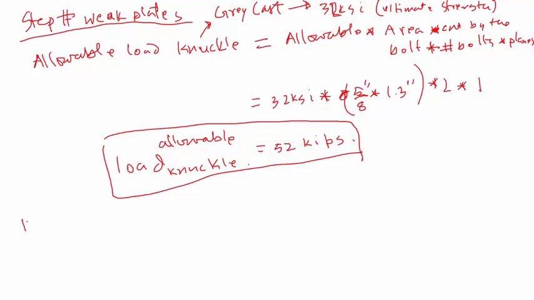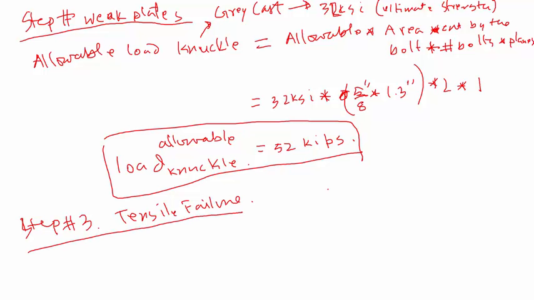Now step number 3 is the tensile failure. What could happen is, if you think about this plate like this, and you are cutting 2 holes here, it's going to be weaker here, so it might crack under tensile loading.